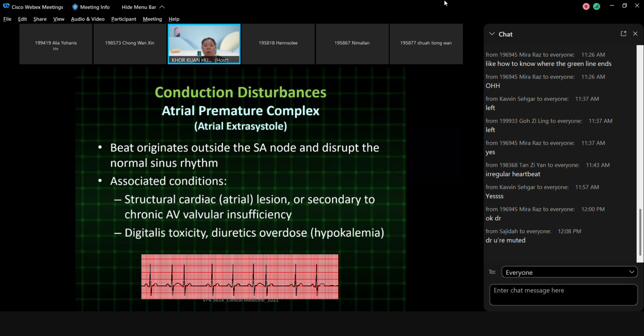Okay, so any structural issue, maybe there's a lesion within the atrium, or maybe this is secondary to chronic AV valve insufficiency. Again, our famous digitalis toxicity. Diuretic overdose also can, because it often may cause hypokalemia. Okay, can give you this abnormal ECG trace too.